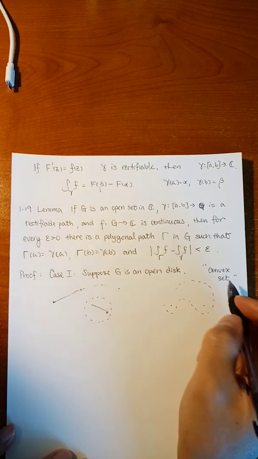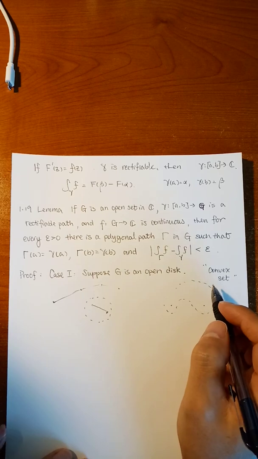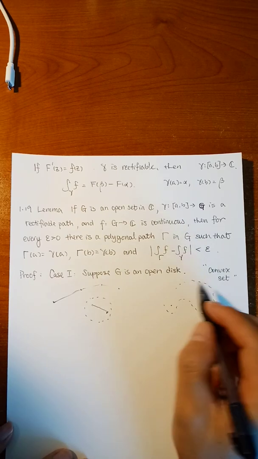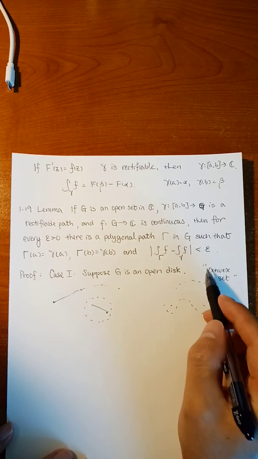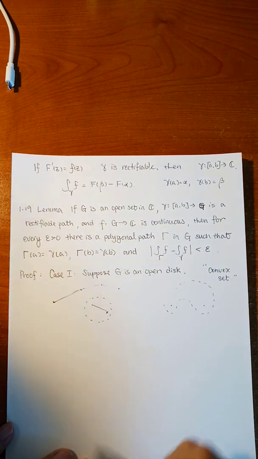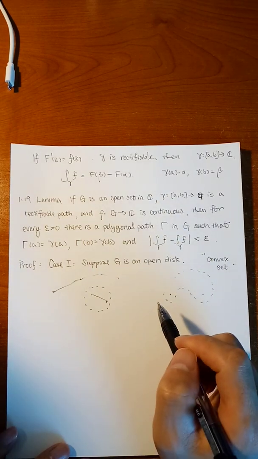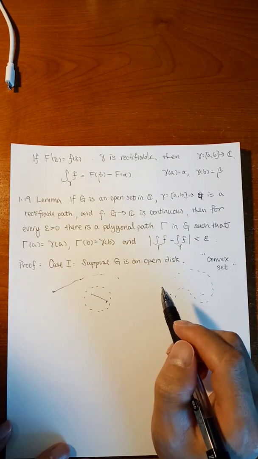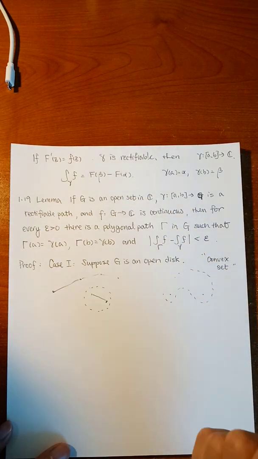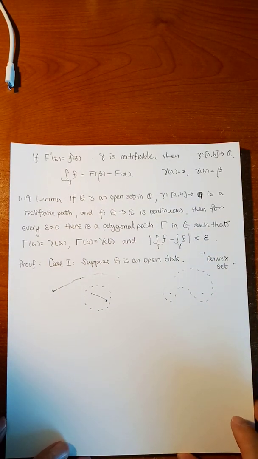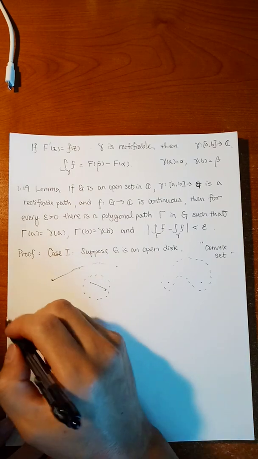An open disk is a convex set. You only use this property in the following proof. You can actually assume G is a convex open set. Let's check if it works or not.